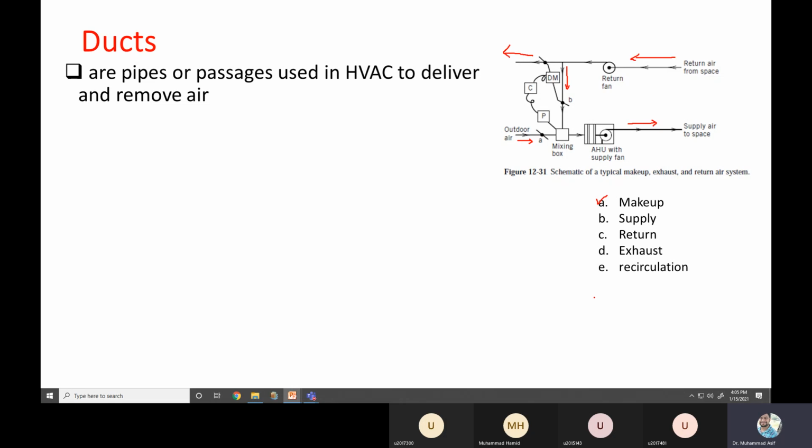So there are five possible kinds of duct depending upon where they are installed. For example, the duct located after the fan we call a supply duct, and the duct which takes the conditioned air from the space is called the return air duct. So we can have five possible ducts installed in an HVAC system.